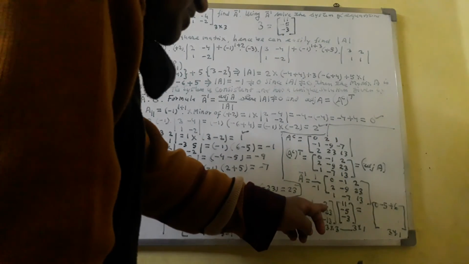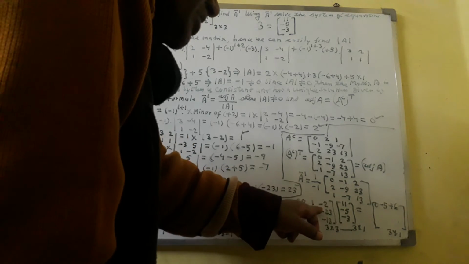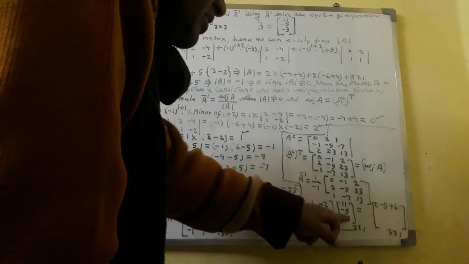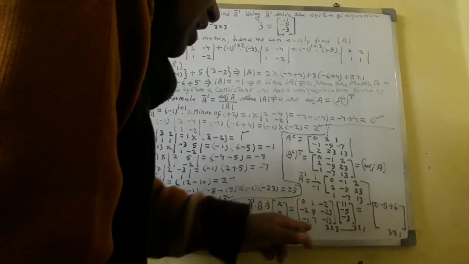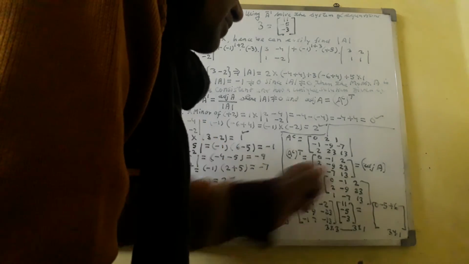And -3 will multiply by -2, comes out to here plus 6. Because -2 multiplied by -3 comes out to plus 6. And -5 plus 6, I have written a 0.